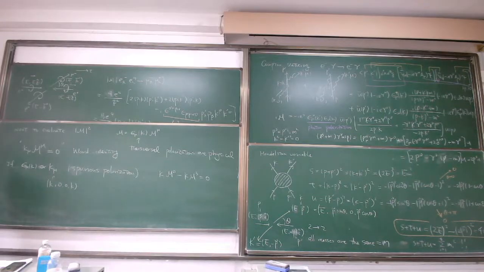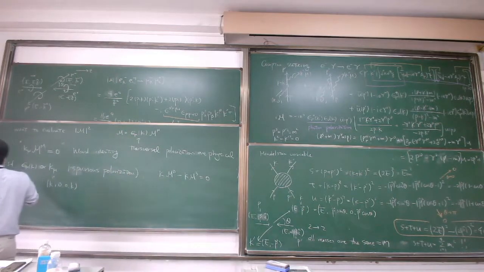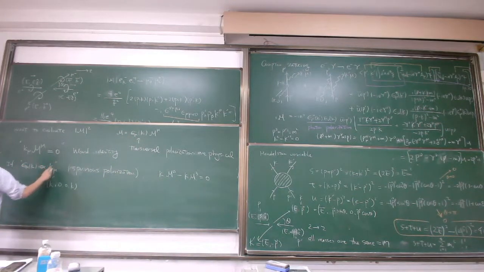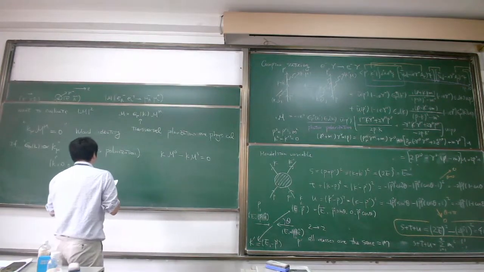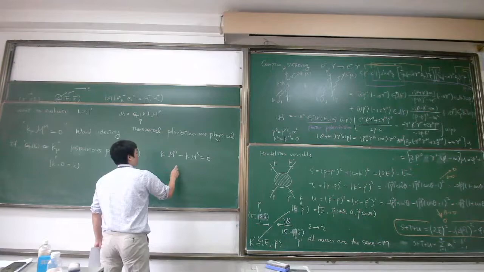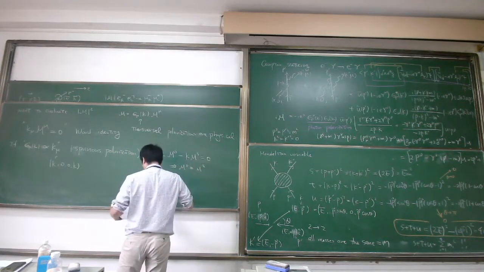Okay. If this is the case, you can get rid of this spurious polarization. Therefore, there is no contribution from spurious polarization if you impose the Ward identity. So this means that M0 should be equal to M3.